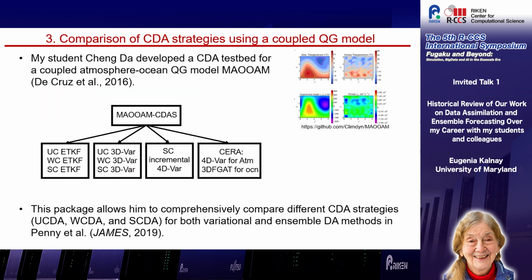Later, my student Cheng Da developed a coupled data assimilation testbed for a coupled quasi-geostrophic model. This package includes all state-of-the-art data assimilation methods under different coupled data assimilation strategies that allows a comprehensive comparison.